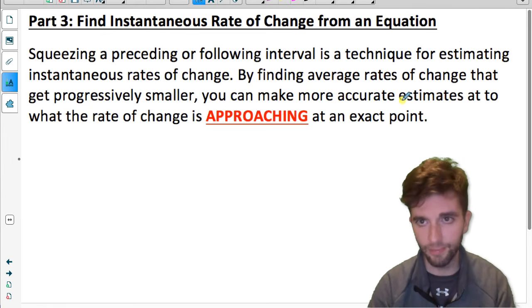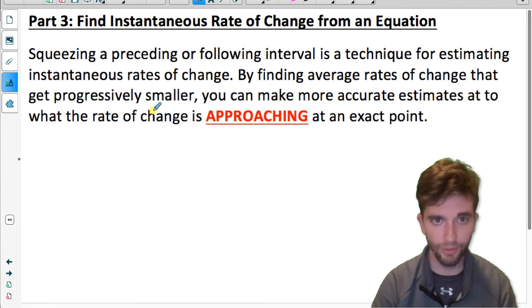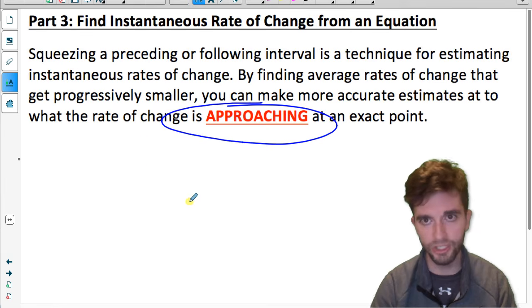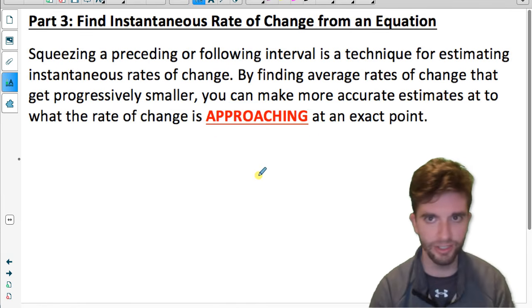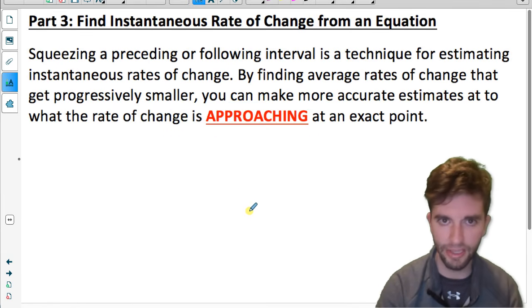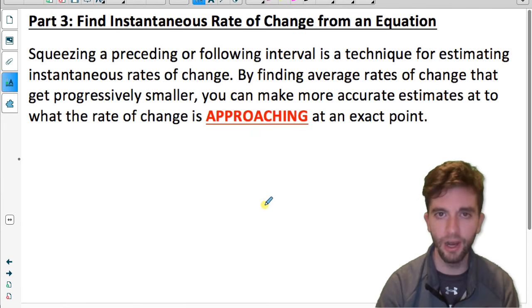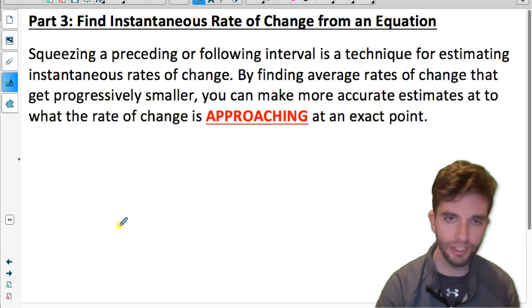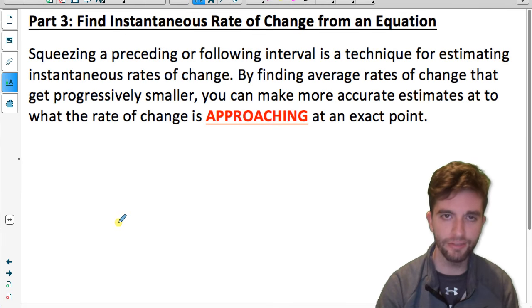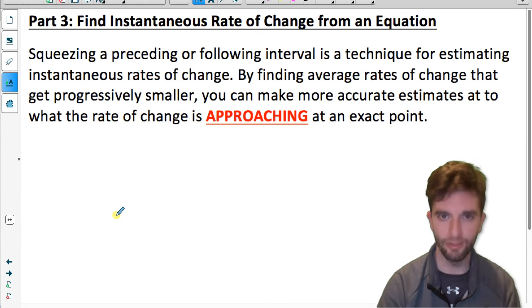It then says you can make more accurate estimates as to what the rate of change is approaching at an exact point. So instead of just calculating one secant slope and using that as the estimation, we're going to look at a pattern of what secant slopes are approaching as the interval gets smaller and smaller and smaller.